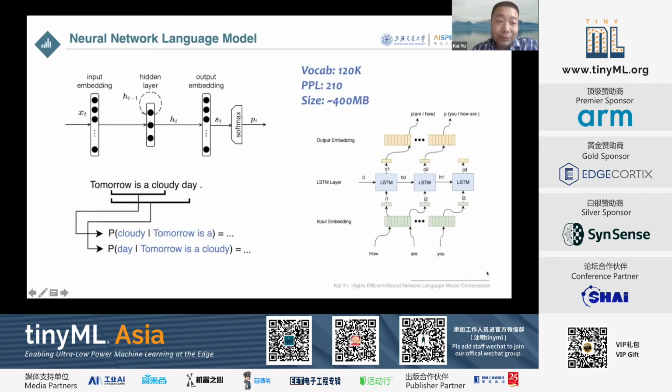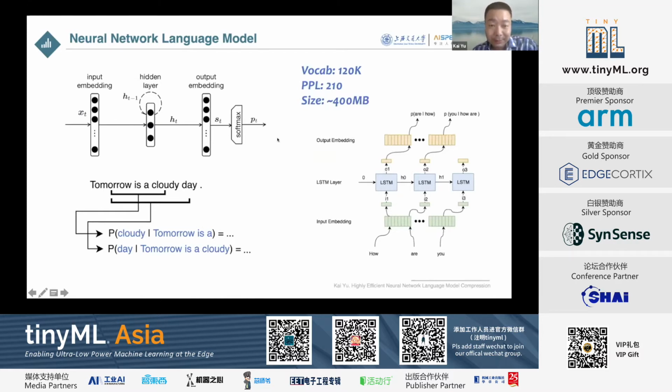What if we use a neural network? If we use a neural network language model, it's no longer a counting-based model. It's something like a parametric model. Given all the input history words, we use a parametric model to predict the probability of the next word.